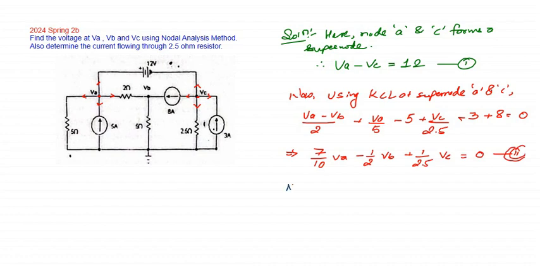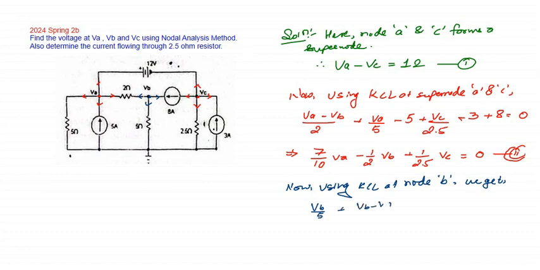Now finally, we write the equation for node B using KCL at node B. We get VB by 5 plus (VB minus VA) by 2 minus 8 equals 0.